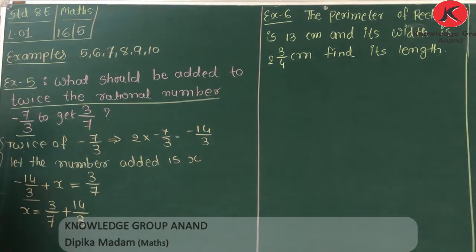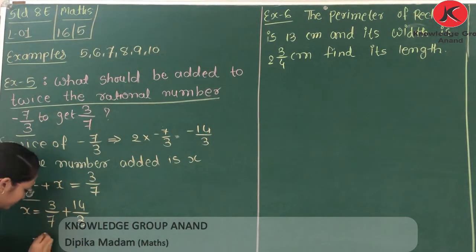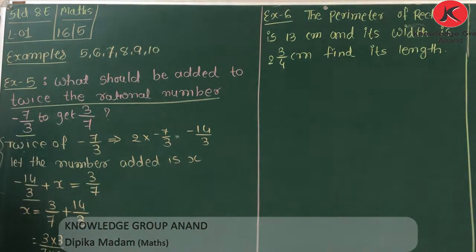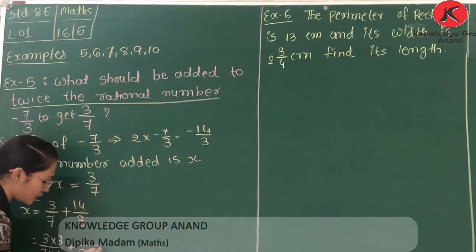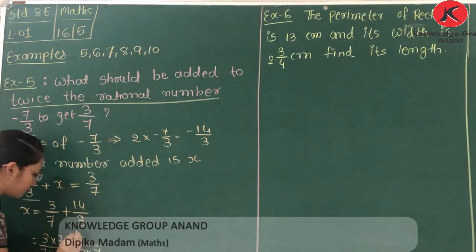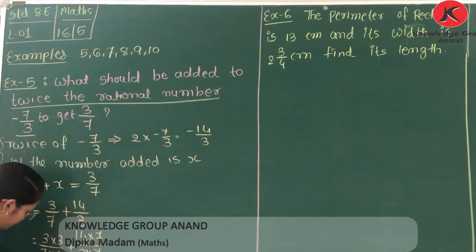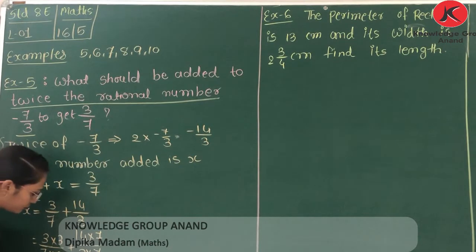Now you know how to solve the equation. Because here the addition of rational numbers means take the LCM first. 3/7 is multiplied by 3 in the numerator and denominator, because the LCM is 21. To get 21 here you need to multiply by 3 in the numerator and denominator. Same, to get 21 here you need to multiply by 7. So 9/21 plus 98/21.